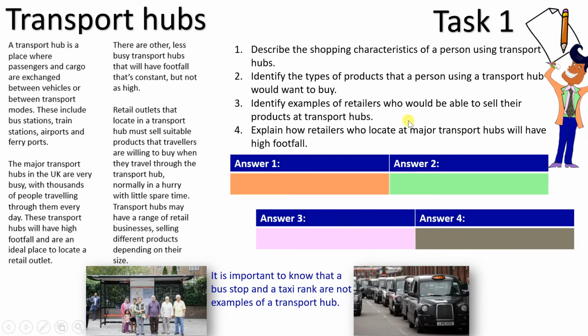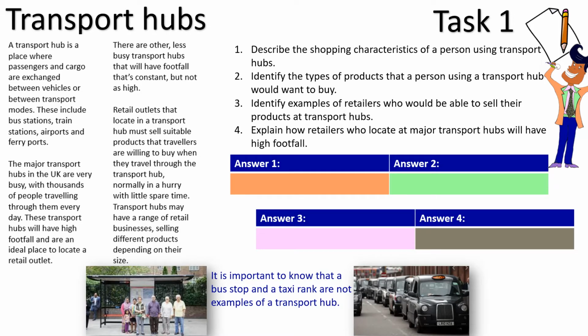And question 4, this is really part of an exam question. So we're looking at explain how retailers who locate at major transport hubs will have high footfall. So this is where you've got to apply your knowledge of what a transport hub is, i.e. it's the place people go through because they're using a mode of transport to get somewhere else, and they're not staying there, but there's loads of people using the hub.